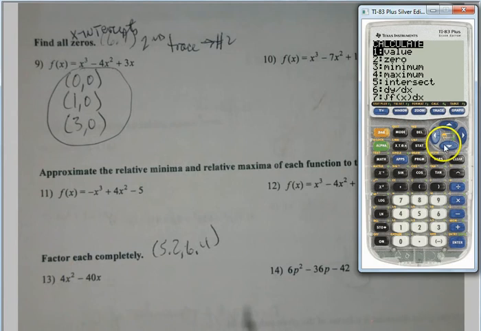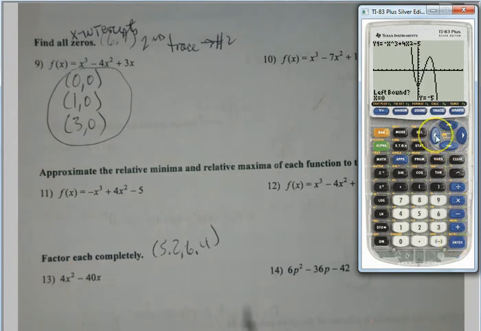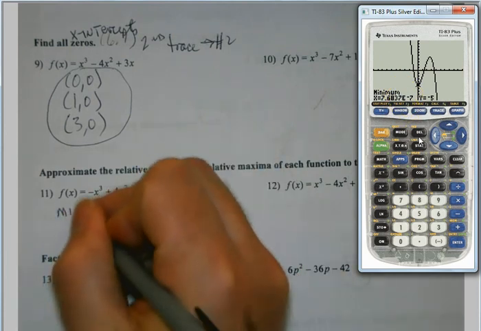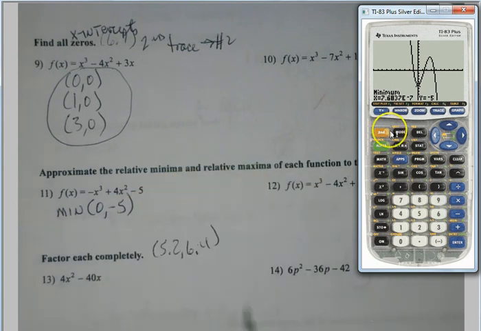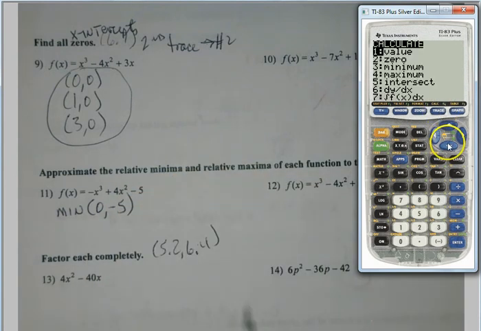But okay, we need to find the min and the max. Second trace, there's my min and my maxes, so let's just find the min first. Okay, well, that looks pretty good actually. Couple to the left, enter, 1, 2, 3, 4 to the right. Now remember, E is a fancy way of saying 0 because it's just doing scientific notation. So my min is at 0, negative 5. And then I start the process over again.